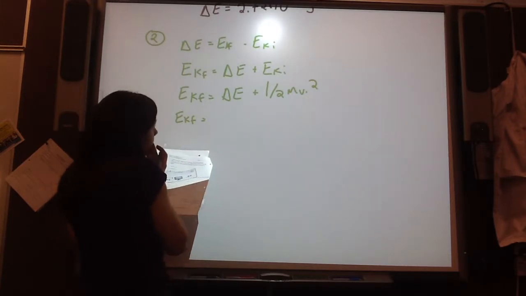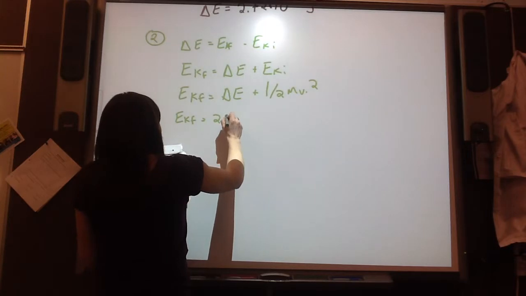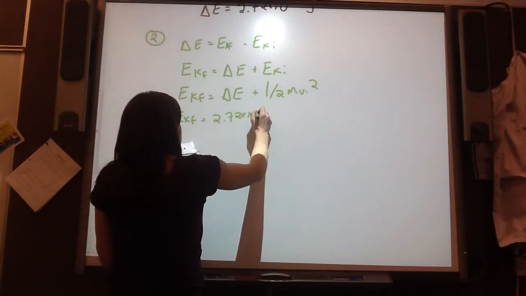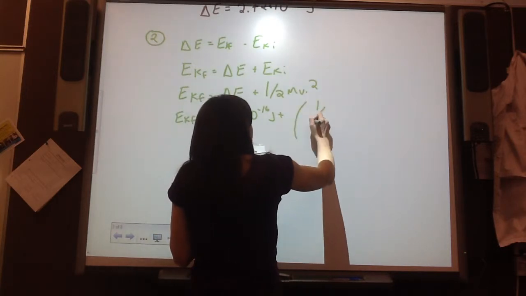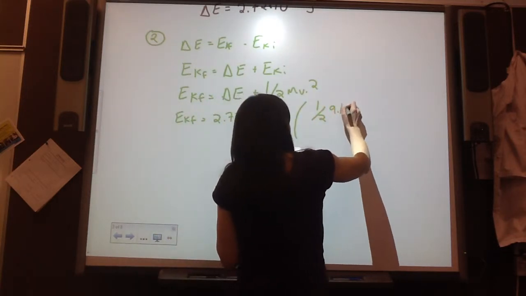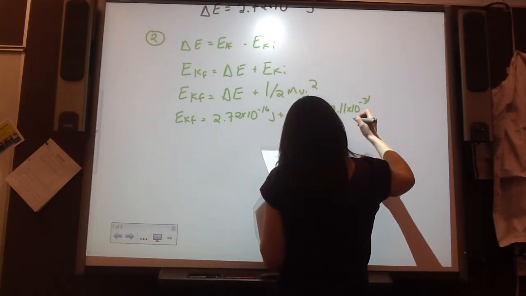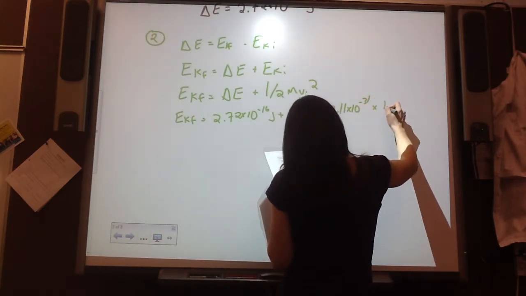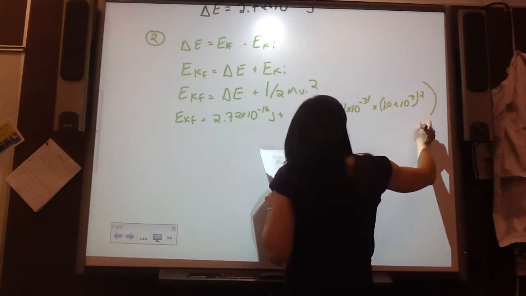Now I can plug in my information: my delta E was 2.72 times 10 to the negative 16 joules plus half times 9.11 times 10 to the negative 31 times 1.0 times 10 to the 7, and that value needs to be squared.